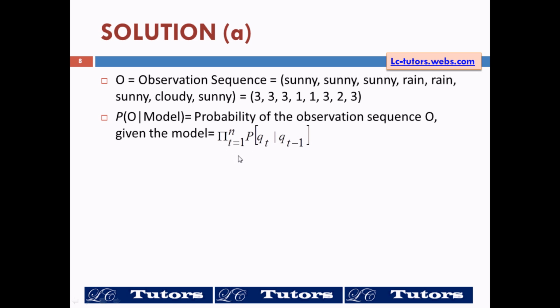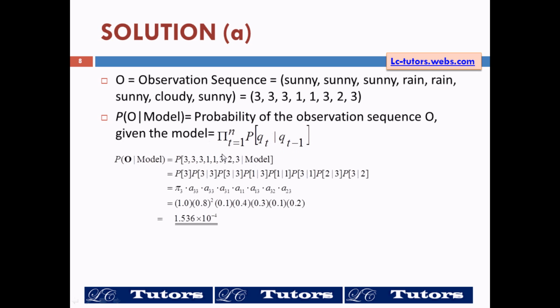That means the state transition q_t given q_(t-1). There are 8 states, 8 days, so we go from the first state to day number 8. This is a pi, which means you have to multiply the probabilities, not add. If it were a sigma, you add. Here it is pi, which means multiply.